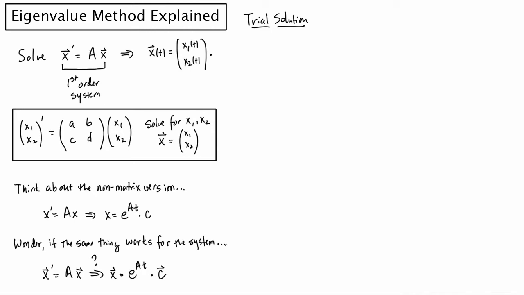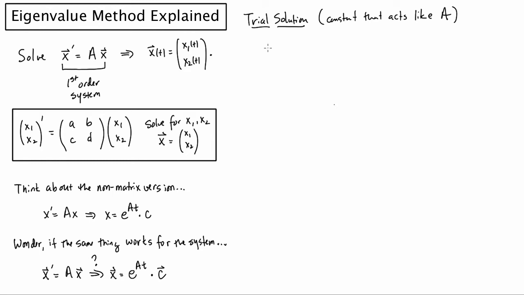So think about what I just said there. I'm looking for a constant that acts like a matrix. Well, that's an eigenvalue. That's what we just got through talking about in the eigenvalue video. Eigenvalues behave like matrices when they're multiplied by eigenvectors.